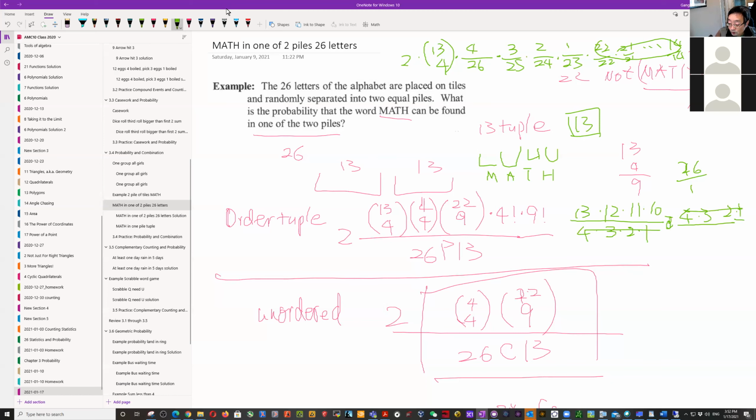And so basically the denominator is going to be 26, 25, 24, 23, and multiply 2 everything. So we can cancel out 2 and 25 by 5.